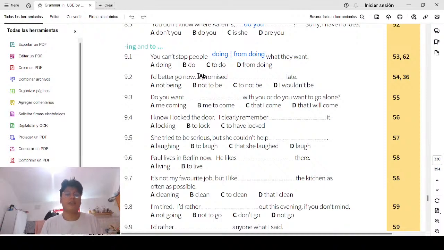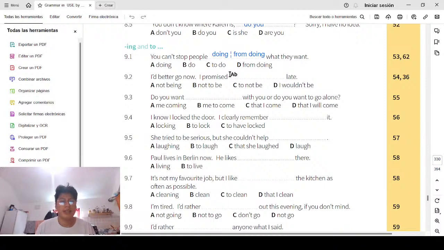Okay, I can stop people doing what they want. In this case, I can stop people doing because we're talking about actions and activities. In this case, doing is more like a noun, like an object.